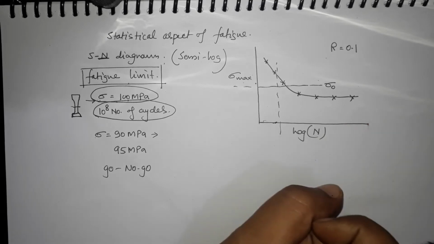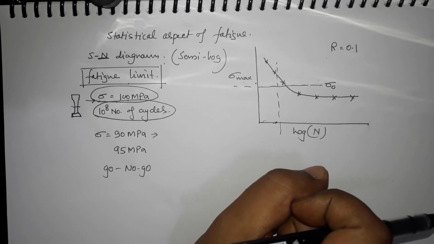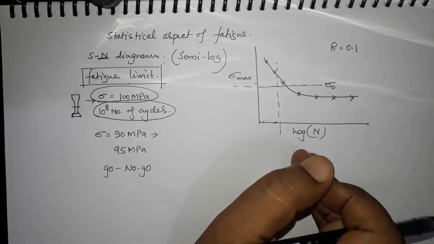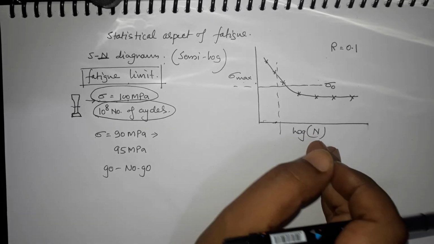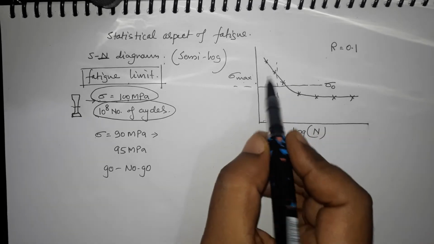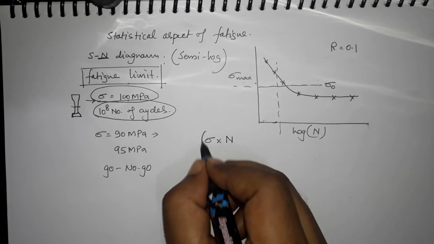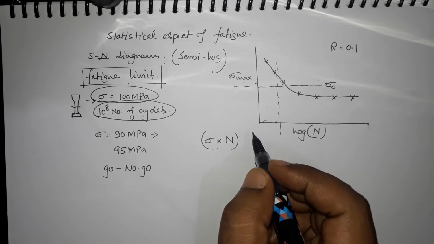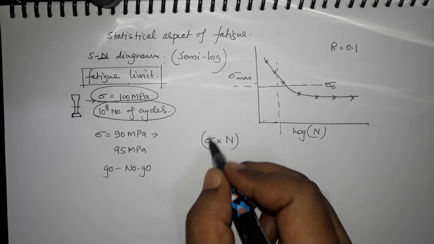So this is one interesting part in fatigue, that you can break the material even in the elastic stress range. For the stress when the material is deforming elastically, even in that range the material will fail. Another important aspect is that the stress times the number of cycles is somehow showing a constant, because it looks like a hyperbola. If the stress increases, the number of cycles decreases, and vice versa.